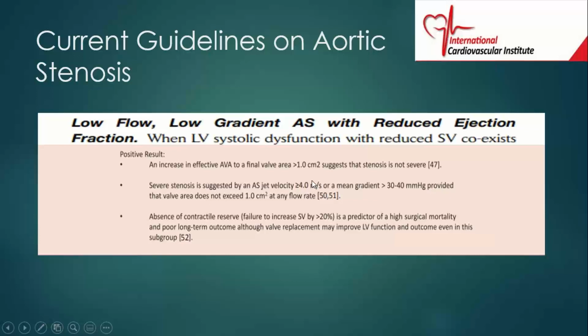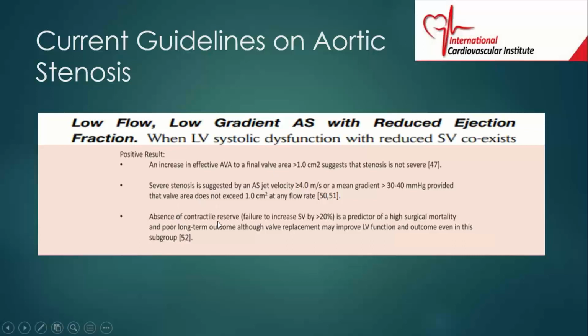And then when you calculate the valve area using the continuity equation, it's now less than 1. So this patient does have severe aortic stenosis, okay? But you distinguish this patient from the one up here, which is crucial because remember, this patient up here, if you replace the valve, they're not going to do well, okay?